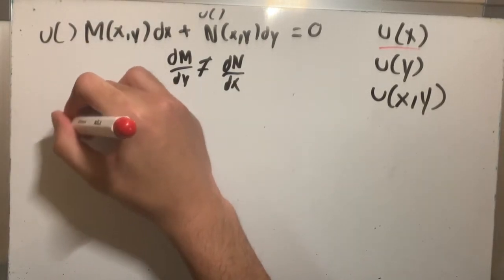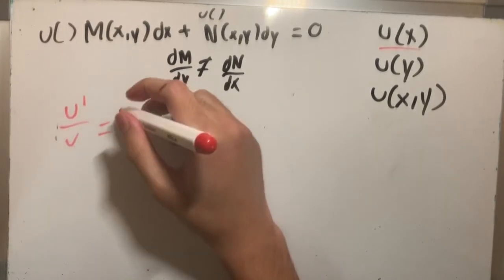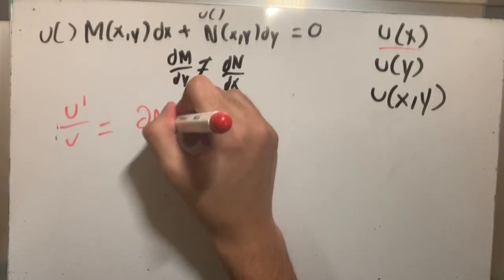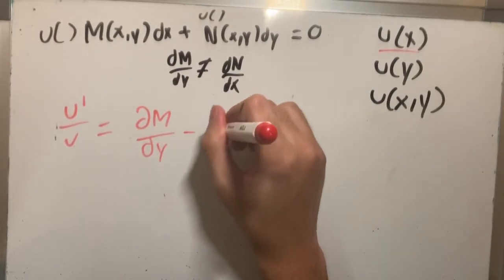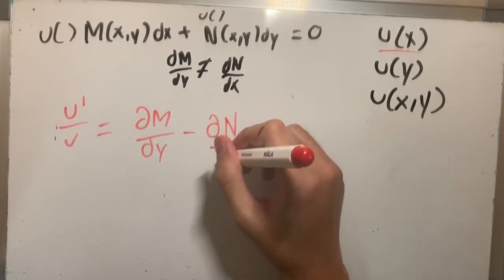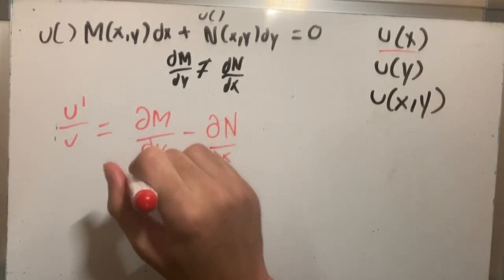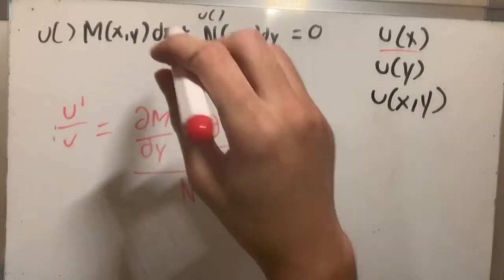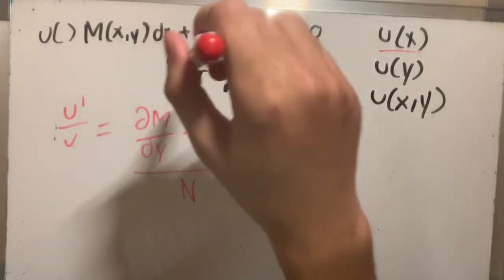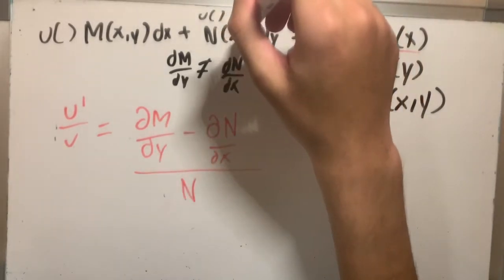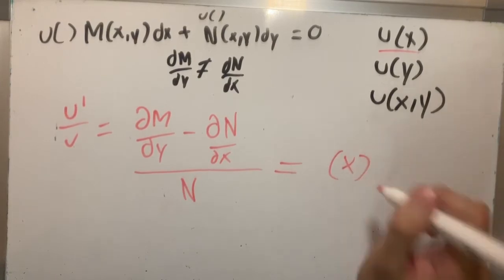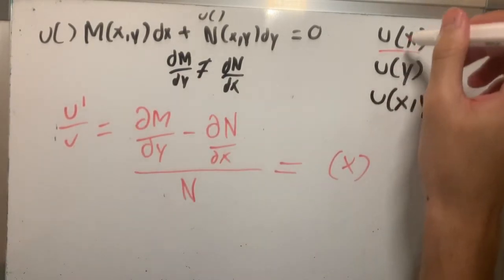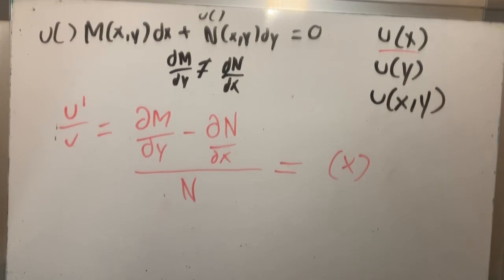It is if the formula dM/dy, which we have already solved for hopefully, minus dN/dx, all over N, so this minus this over this, ends up having an x in it, then you will find u of x.